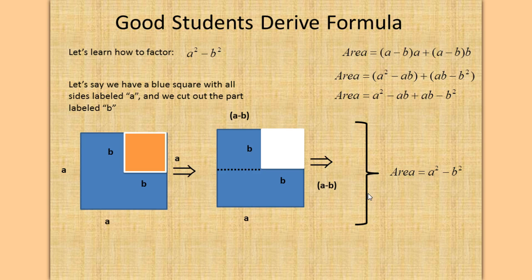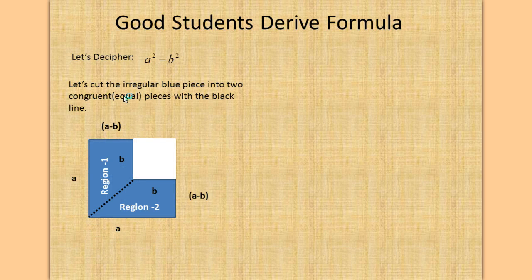Okay, so let's continue. Let's decipher a squared minus b squared. Let's cut the irregular blue piece into two congruent equal pieces with the black line. We'll come from the intersection here, and rather than come straight across with the line, we'll come down to the vertex of the intersection of the a's on the left and the bottom, and then cut that part out.